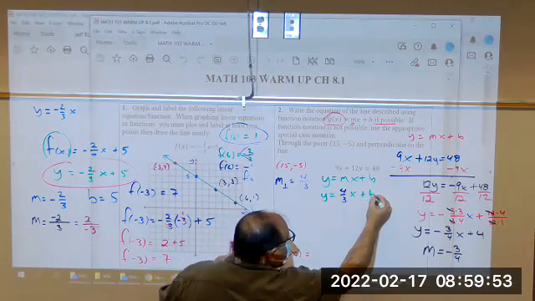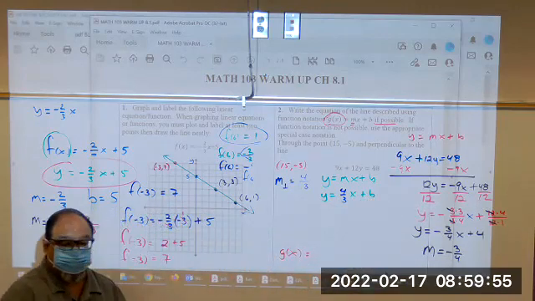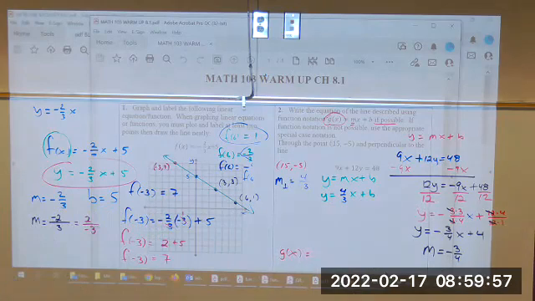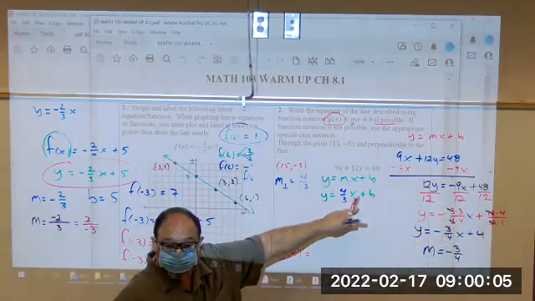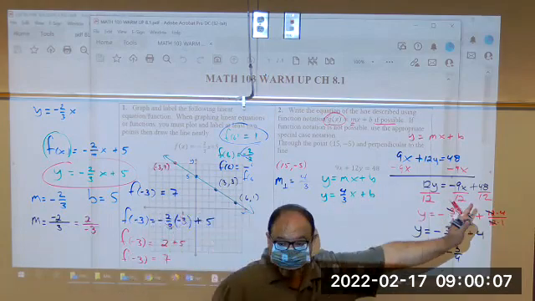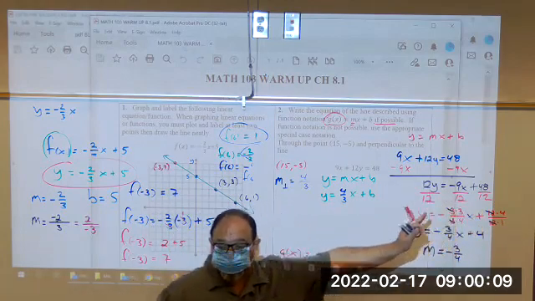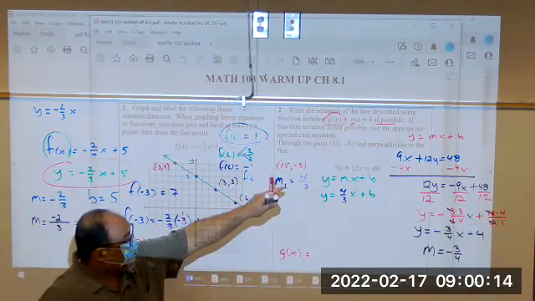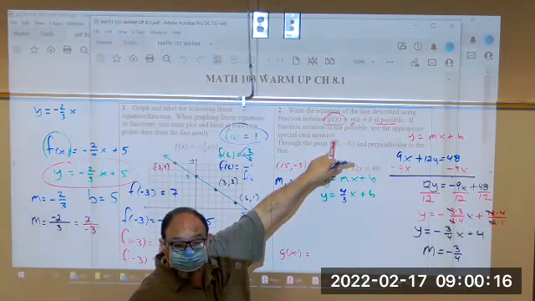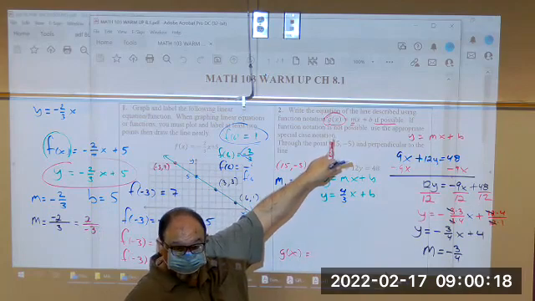Now, the last piece of the puzzle, you got to figure out what b is. On the test that you guys took, some of you just went ahead and plugged that b into over here. Remember, we're done with this. We don't use anything else but its slope. You got to use this point. If you didn't use this point, then you messed up something because you're supposed to go through this point.